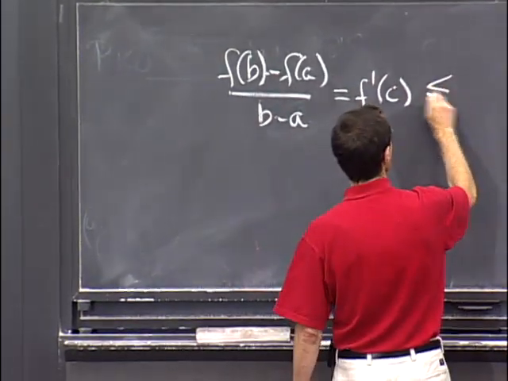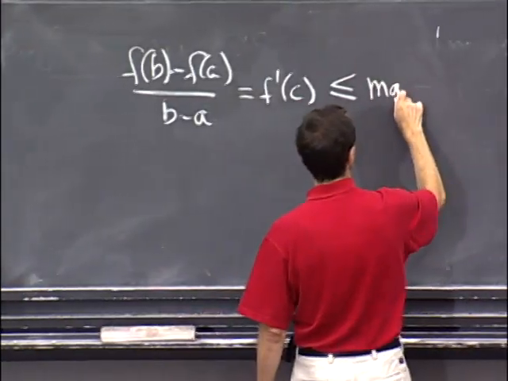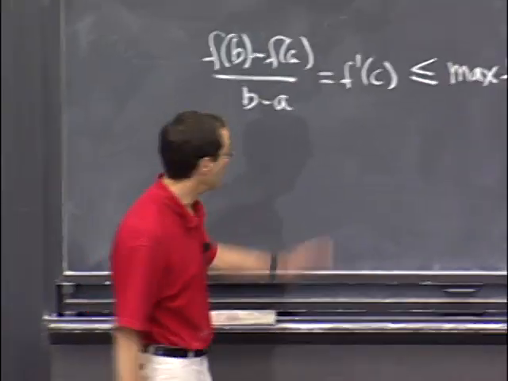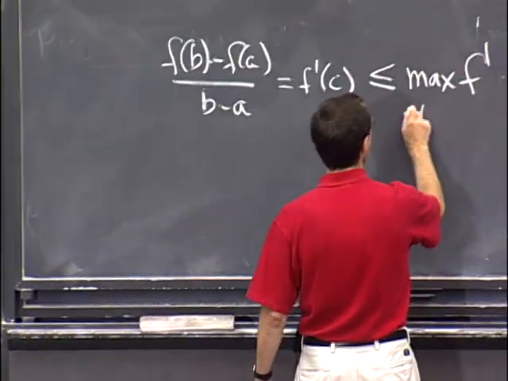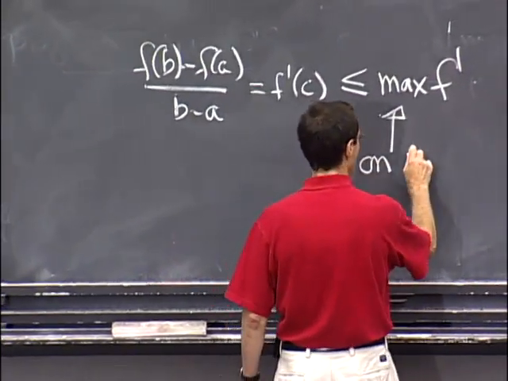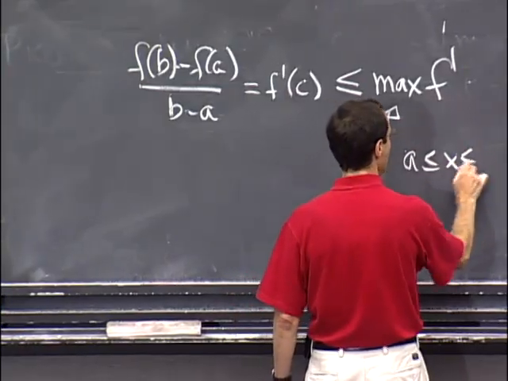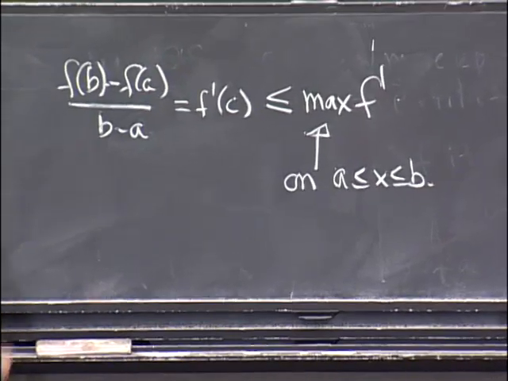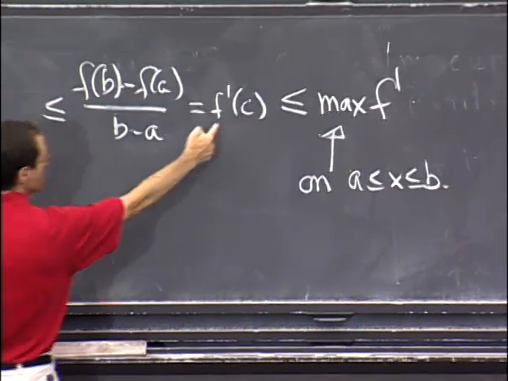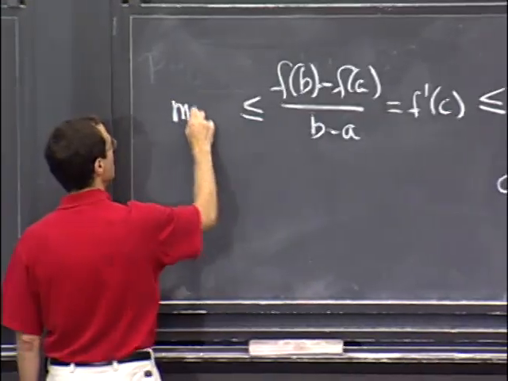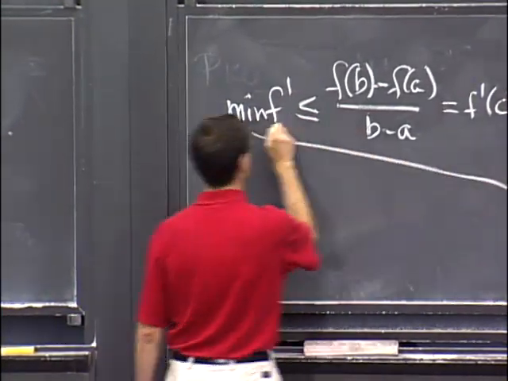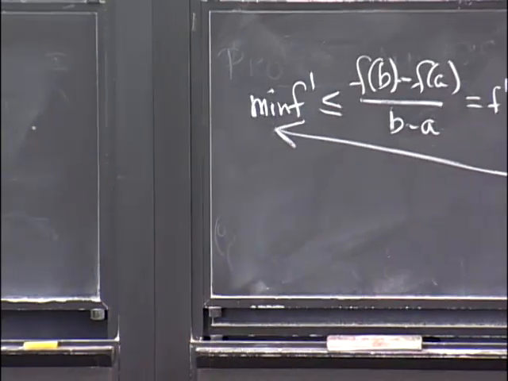So that means it's less than or equal to the largest value you can get, for sure. And this is on the whole interval. And I'm going to include the ends, because when you take a max, it's sometimes achieved at the ends. And similarly, because it's f prime of c, it's definitely bigger than the min on this same interval here.